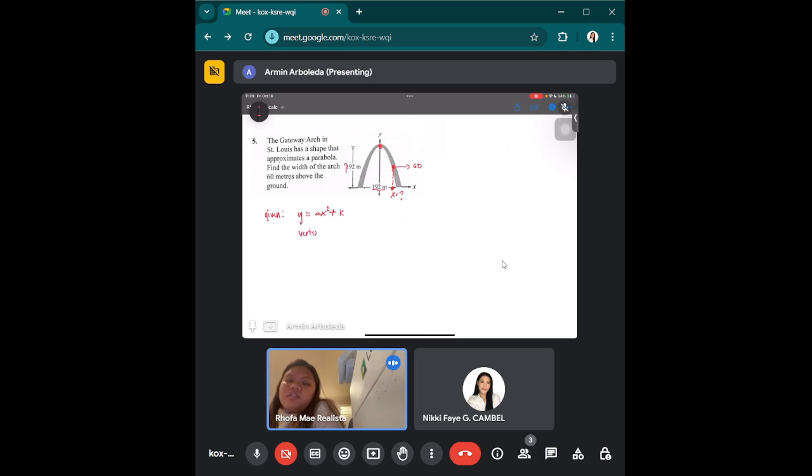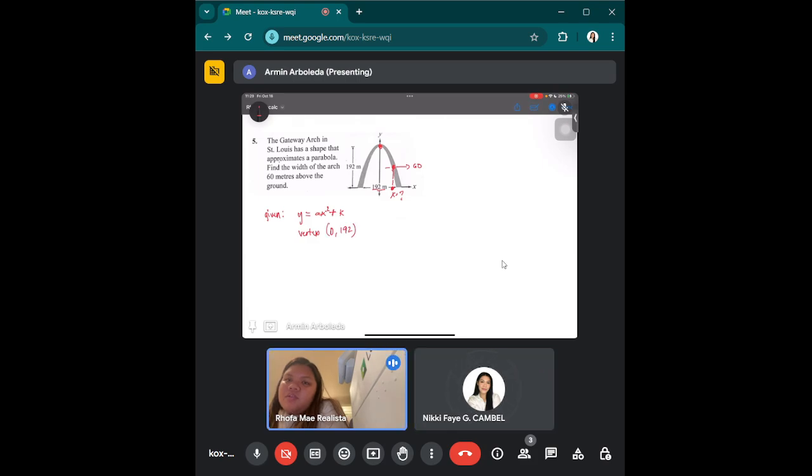It's 60 and 0. Are you sure it's 60? Here is the parabola. It's just asking, at 60 height, what's gonna be the width. So it's a different point. We're finding the point, but the vertex is here. The height is 192, so the vertex should be 0 and 192.